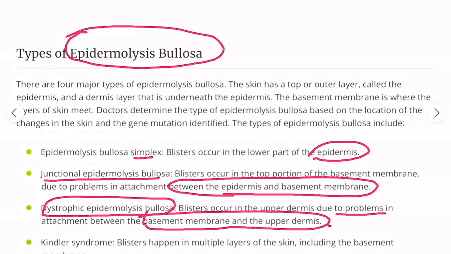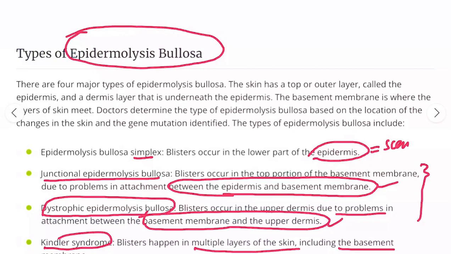In Kindler syndrome, it happens in multiple layers of the skin, including the basement membrane. A problem in the epidermis will be without scarring, but when the problem goes deep, blisters with scarring will be present.